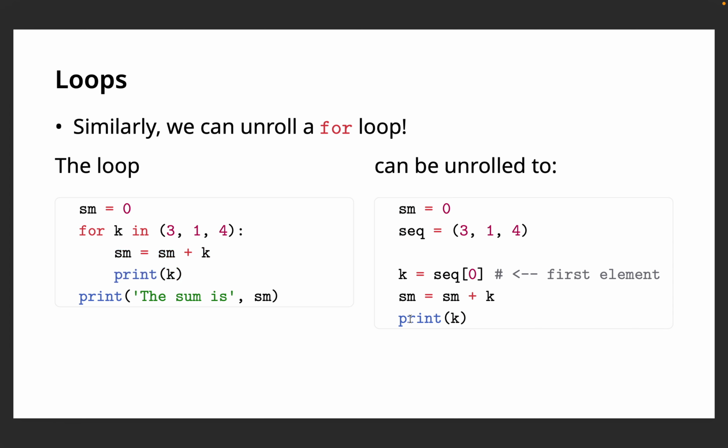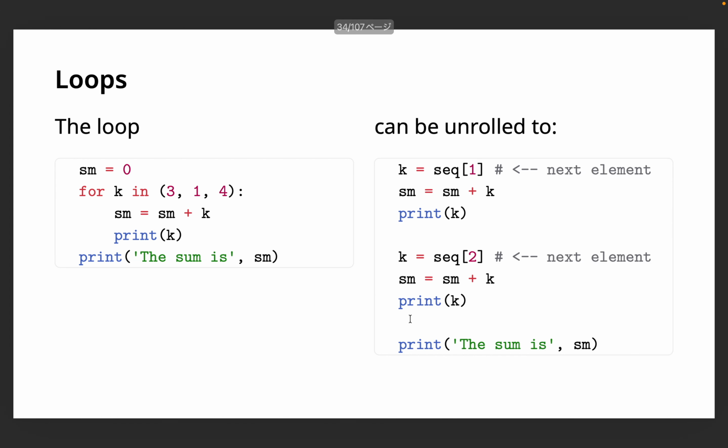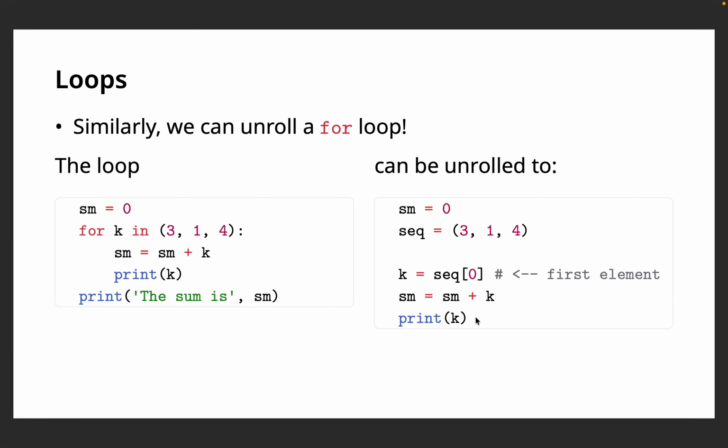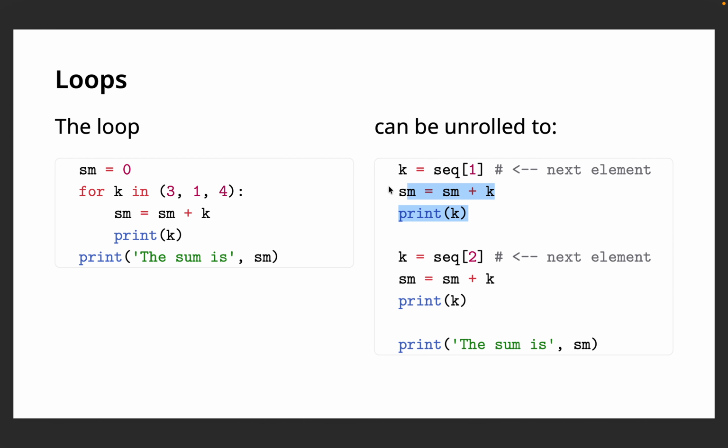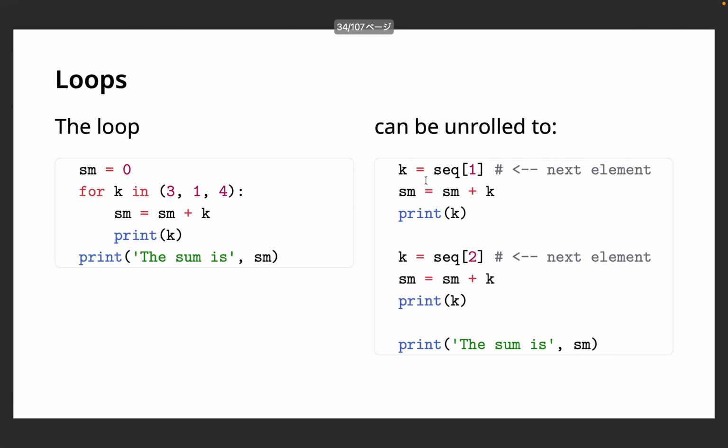So loop body, then this part will just continue. After the first iteration, you go to the second iteration. After the second iteration, you go to the third iteration. Then at the end, this is where you actually print out the sum. So you unrolled this loop over here to this bunch of lines over here.